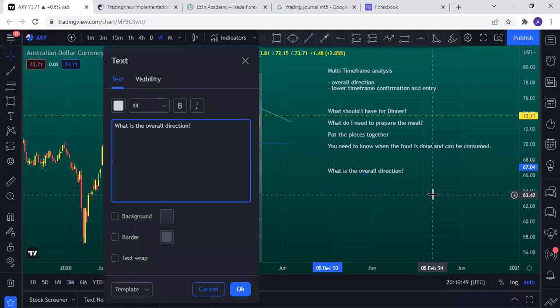This overall direction can be gotten on the daily. You might even start from the weekly time frame, although for day traders and intraday traders, I would advise starting from the daily, 4 hours, 1 hour. So what exactly is the overall direction?